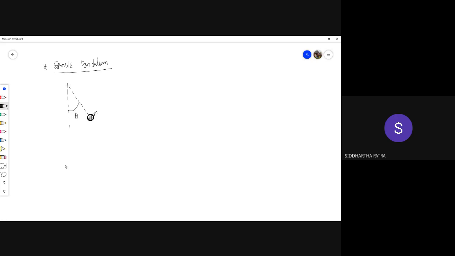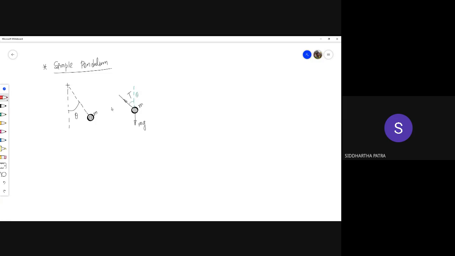And let's say it is at an angle of theta. The two forces that are acting on this particle, which is the bob, are one, its weight mg, and the other one, coming from the string, which is T. If we take two axes, this angle with the vertical is actually theta.